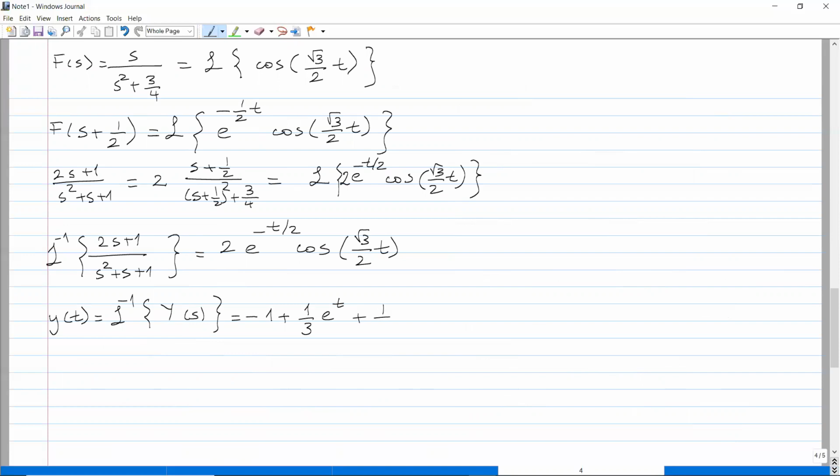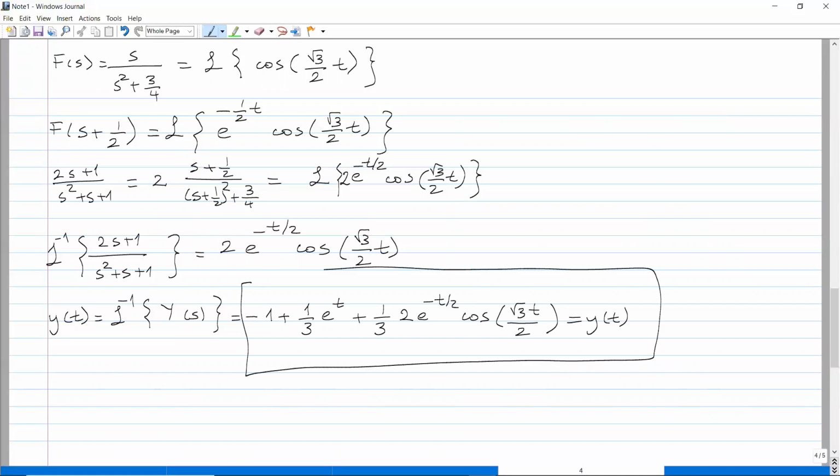Plus, again, 1/3 times the inverse Laplace of the last term. So this is 2 e to the minus t over 2 cosine square root of 3t over 2. So this is the solution of our differential equation, our initial value problem.